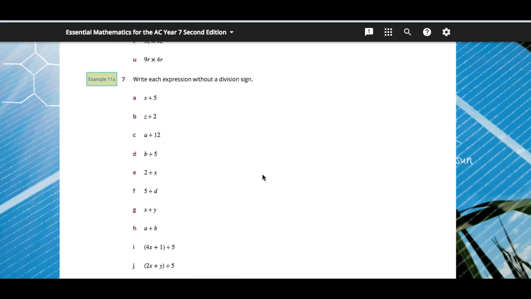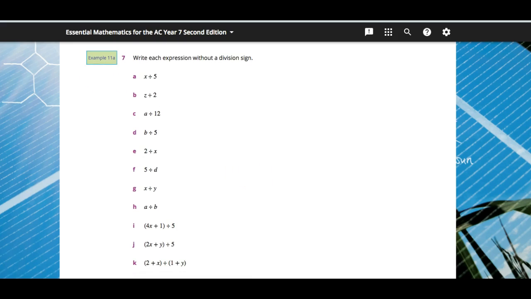Okay, so if you want to pause there and finish question 6, you can, or you can keep watching, up to you. Okay, so remember we don't use a division sign, we use what's called a vinculum. Okay, so x over 5, let's skip. Okay, let's do x divided by y, x over y. Here we've got brackets. So the brackets are extremely important.